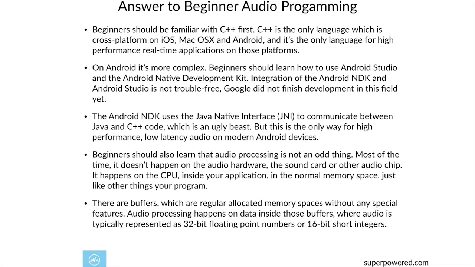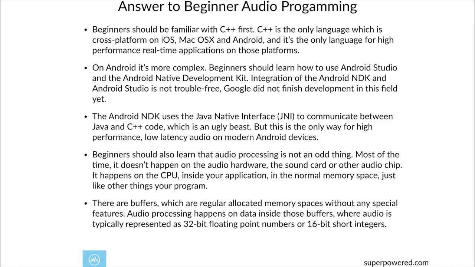And now some more generic things for beginners. Audio processing is not really an exotic thing. This was my first thought when I was a beginner developer, that audio is somehow really a special field, and maybe it happens on the audio hardware or on the sound card or in special audio chips, but no. Most of the audio processing happens on your CPU, inside your application, in the normal user memory space.